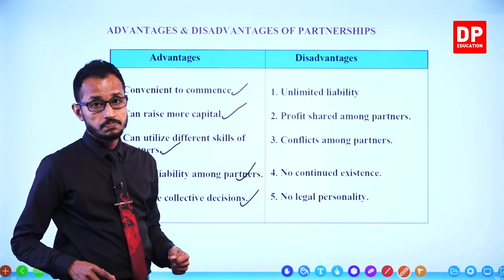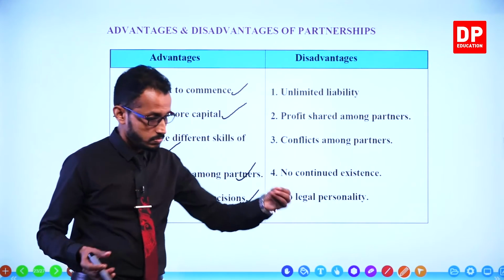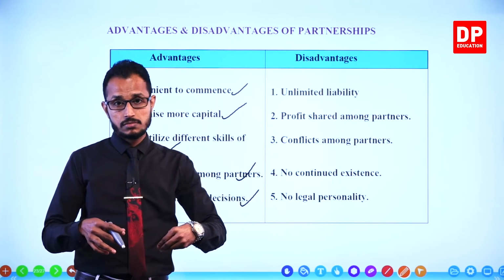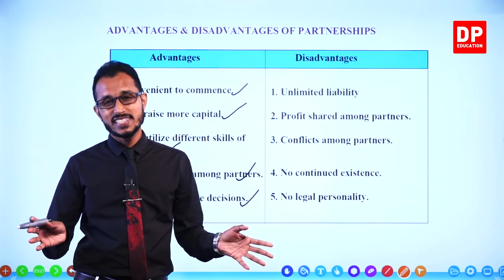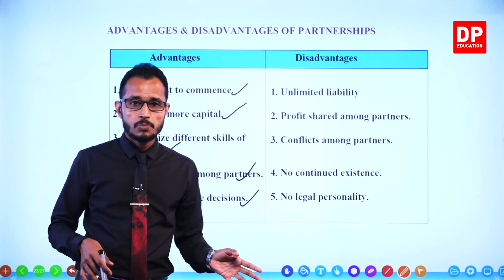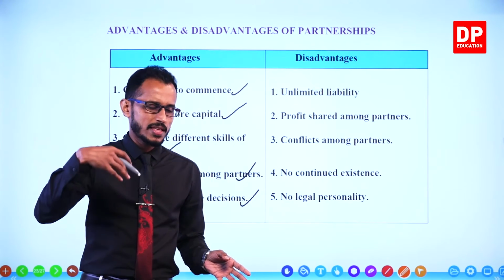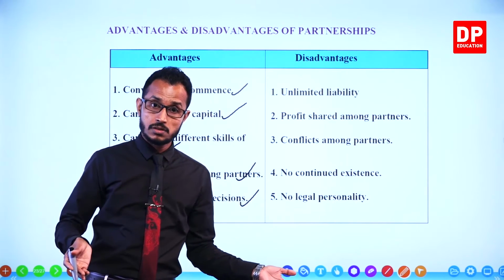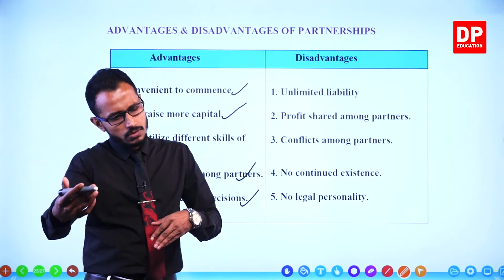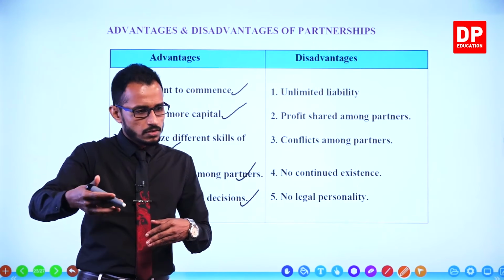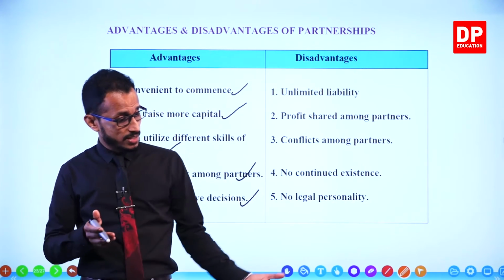Collective decisions. Everybody can put in their ideas and can take a good decision. Not like a sole proprietor. He takes his decisions, maybe they are successful, maybe they are not.